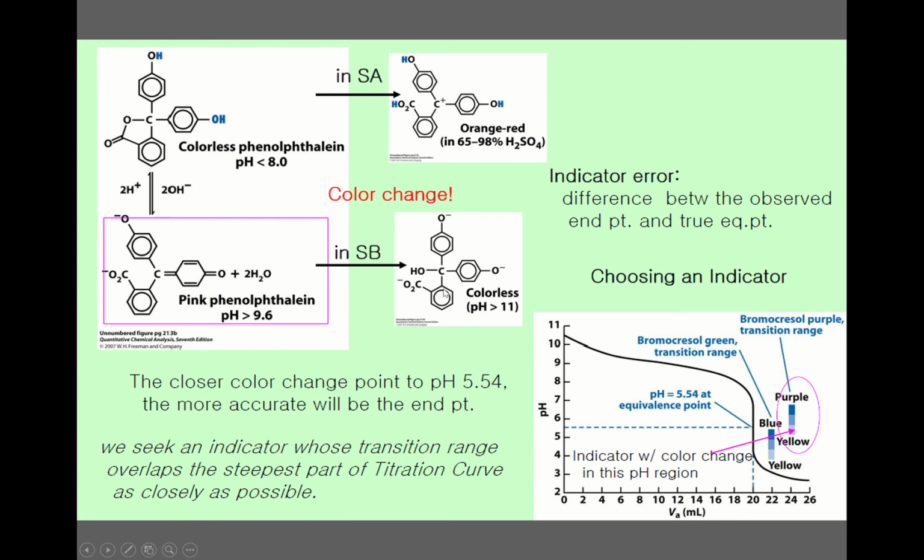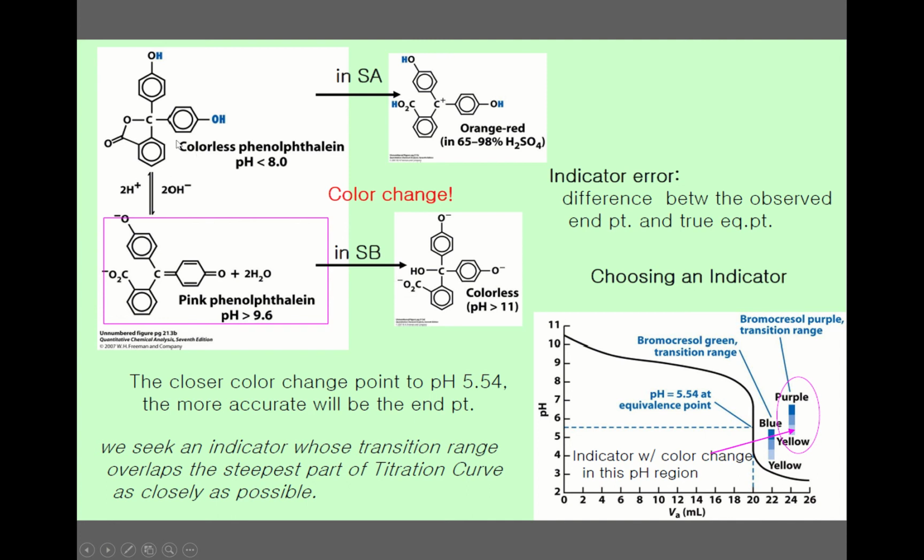Here is another example. This is the very commonly used indicator, phenolphthalein. In alkaline solution, the color is red, but in acidic solution, there is no color; it is colorless.